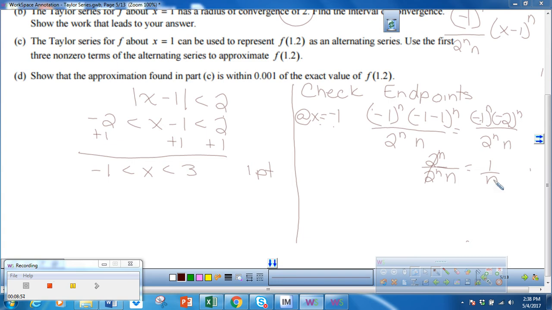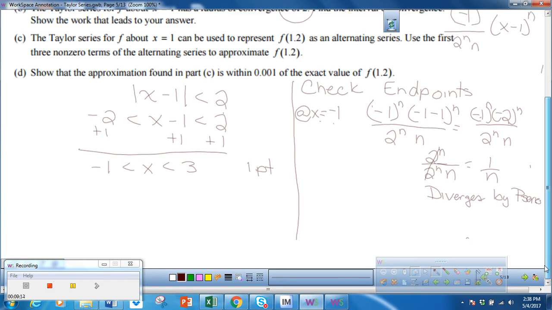So this diverges, and it diverges by p-series or harmonic series. Now, whether or not you have to tell which test you use, I don't know, but be as specific as you can here. And then we want to say, okay, now we're checking the endpoint at x equals 3.